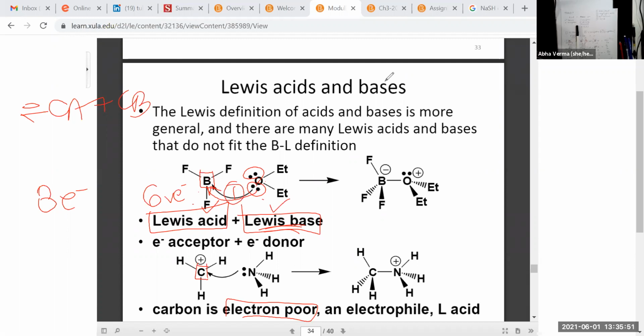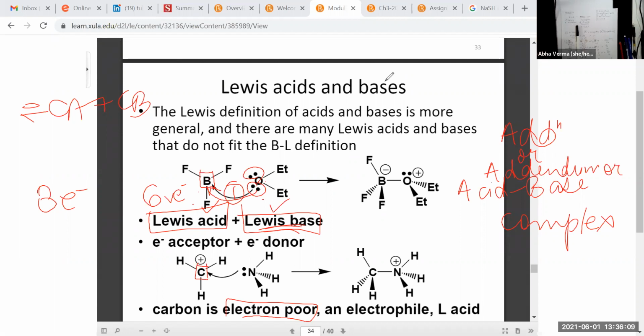But what has happened here? We get what is known as an acid-base complex, or an addition complex, or an adduct complex. Why do we call it a complex?